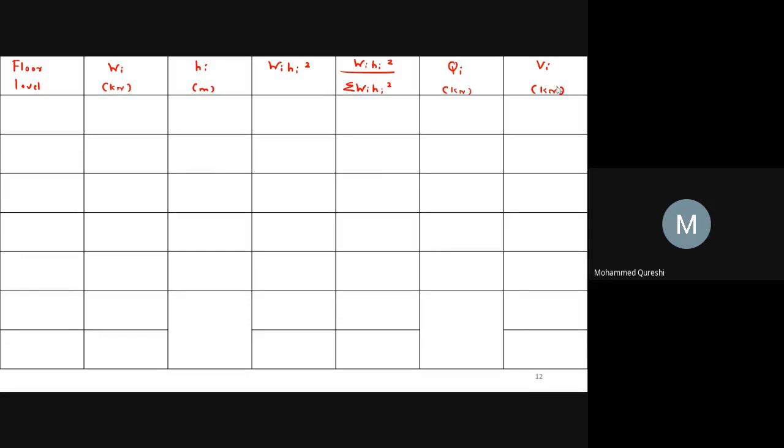So in the given data, it is given that the building is 5-story. So here we will write 5, 4, 3, 2, and 1.